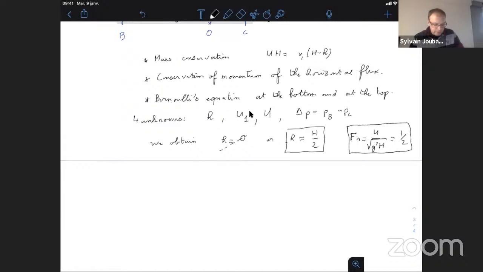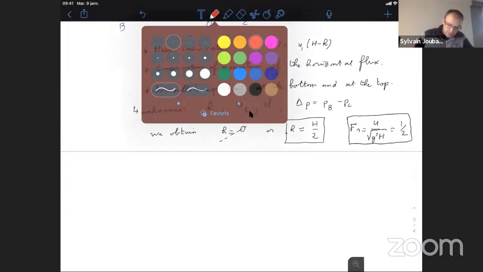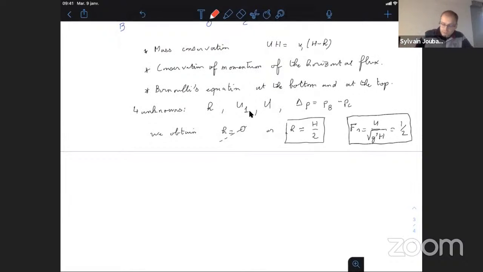So that's a very classical calculation you can do. And I have shown you the experimental results, which will give you a slope of 1/2. The theory gives you a Froude number of 1/2. You have an excellent agreement with experimental results.